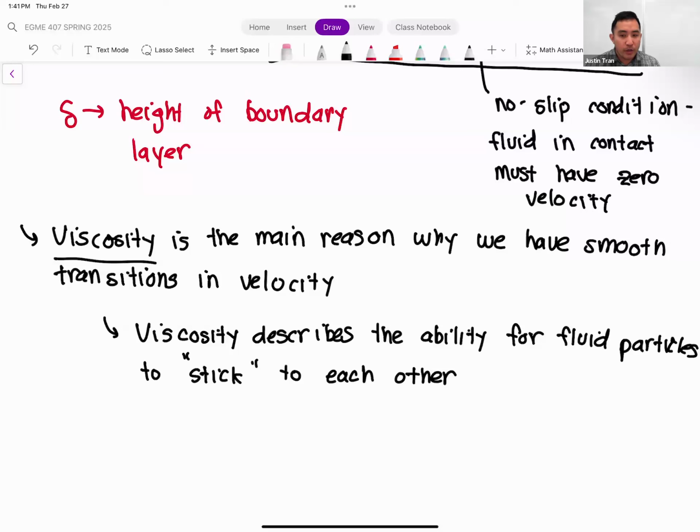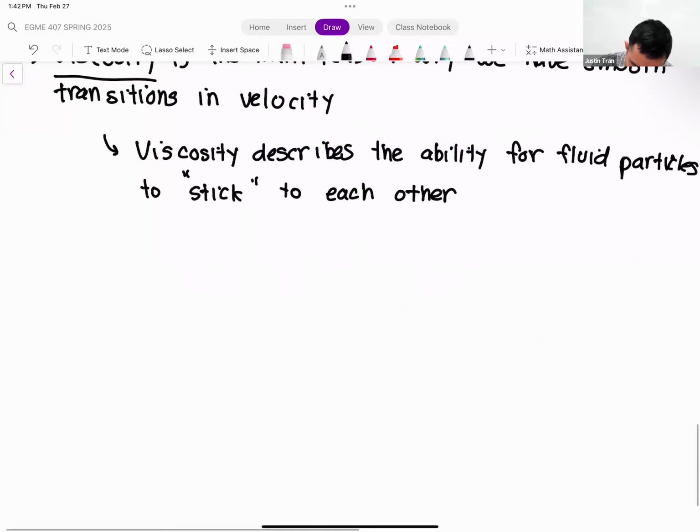Those are fluids that we associate as being very sticky, because it's hard to move them since they stick to each other and to you really well. Because viscosity exists, it causes a neighboring fluid particle to be dragged along with each other. Another way to say this is that viscosity is the source of something really important in fluids called the shear stress.